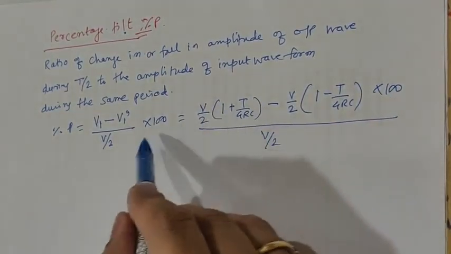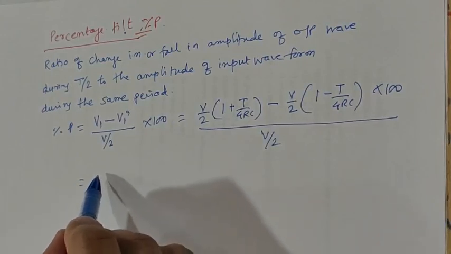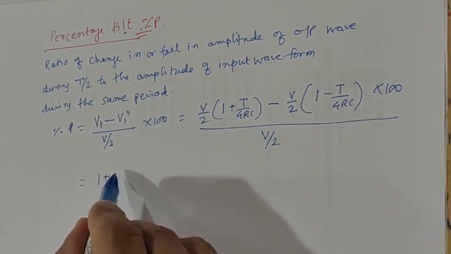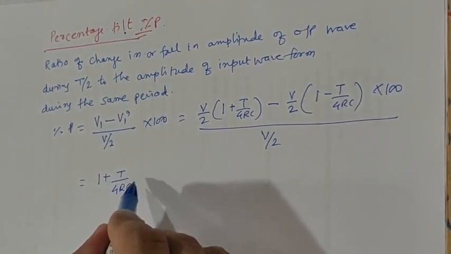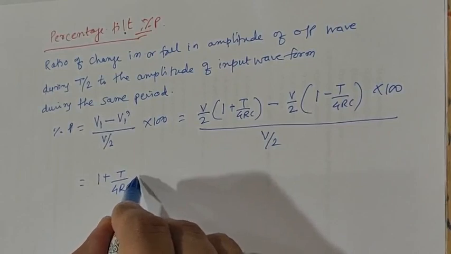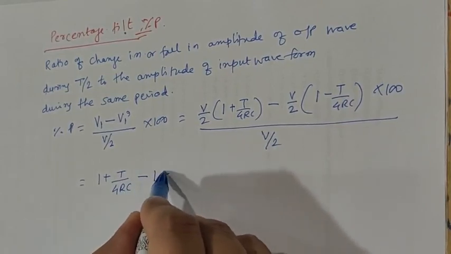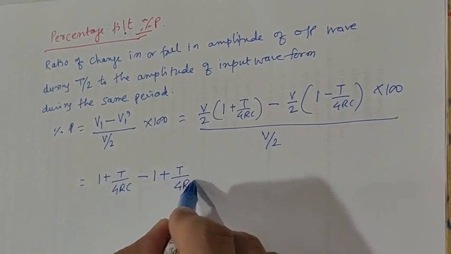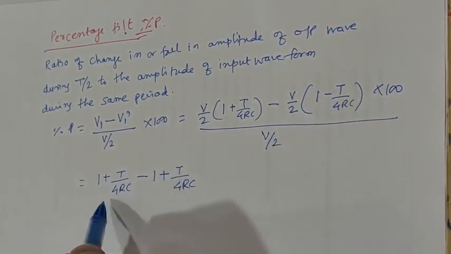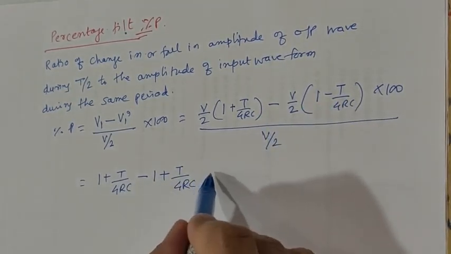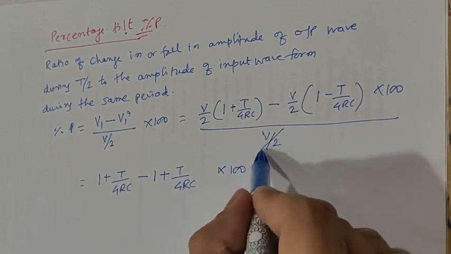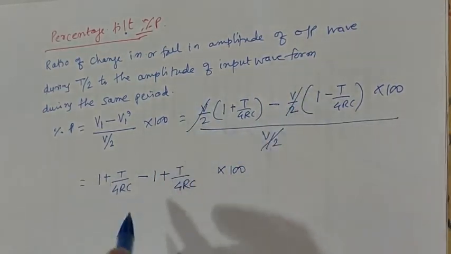Okay, so this V by 2 will be cancelled out, right? And what will be the term remaining? 1 plus T by 4 RC minus 1 plus T by 4 RC. So I am multiplying by the minus sign, okay, into 100. This V by 2, this V by 2 and this V by 2 are cancelled.